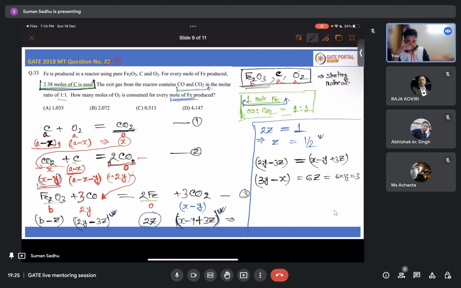Three reactions are there, right? In which reaction is the carbon used? That means carbon on the left side. Two. So two reactions, one and two, right? So in this reaction X mole carbon is used, and again in this reaction Y more mole of carbon is used.